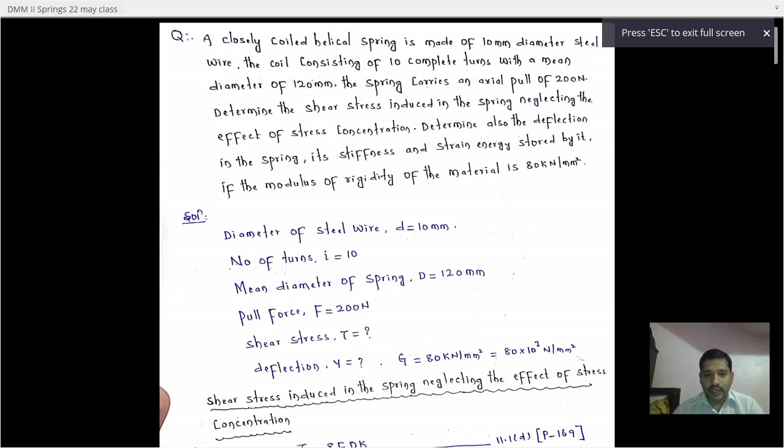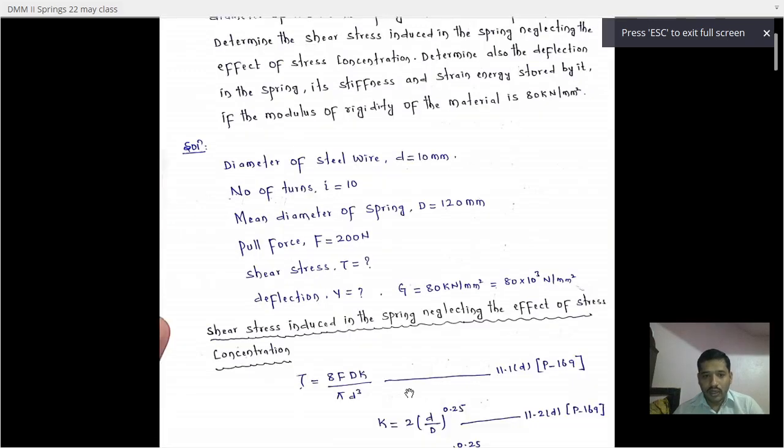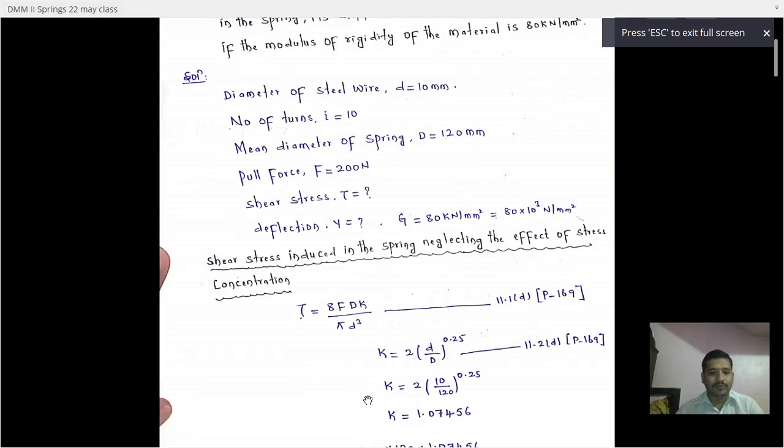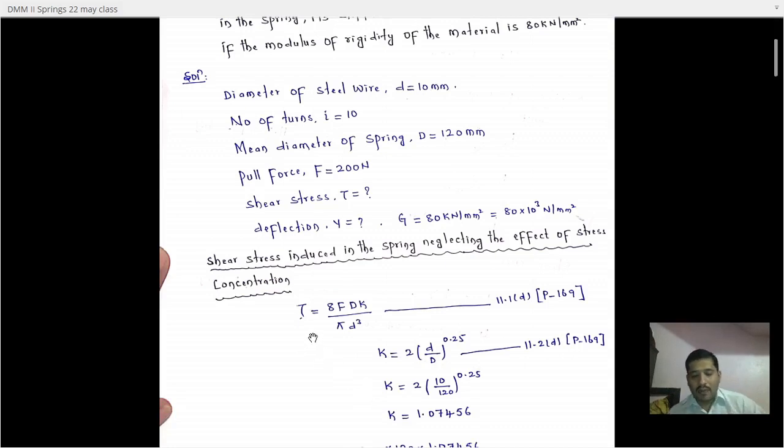Okay dear, let us see. First of all we need to find the shear stress, the maximum allowable shear stress. Tau is equal to 8 F D K by pi d cube. Refer to this equation 11.1D, page number 169.